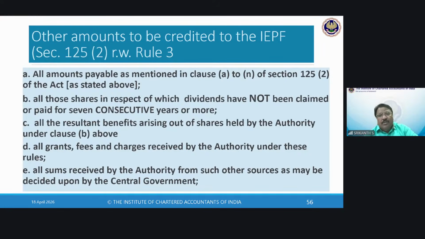Suppose there is a fraud like Satyam or whatever, and shareholders are affected. Now they have to be compensated. How to compensate? From these disgorged funds only we can compensate. That will go to IEPF, and then those people who are affected can make a claim and take compensation for their loss.